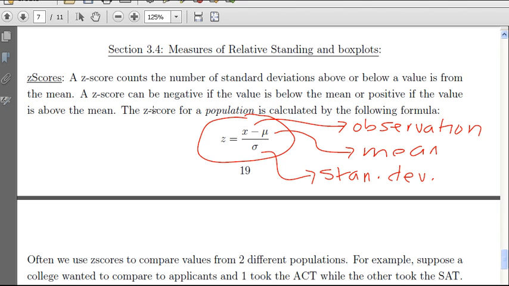That counts the number of standard deviations above or below the mean. Above is a positive number for the z-score, and below is a negative number. If you know the mean and standard deviation, you can calculate a z-score for any observation you're interested in.